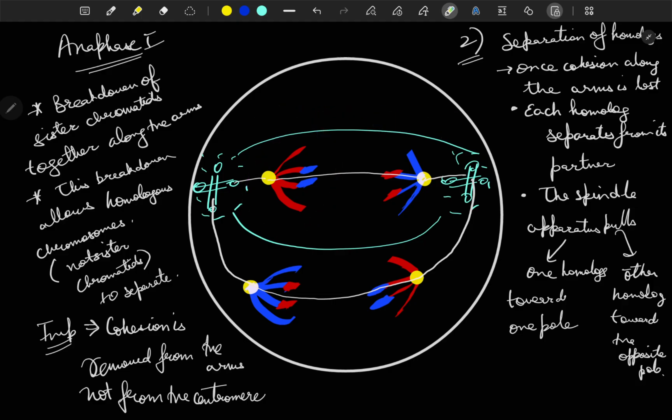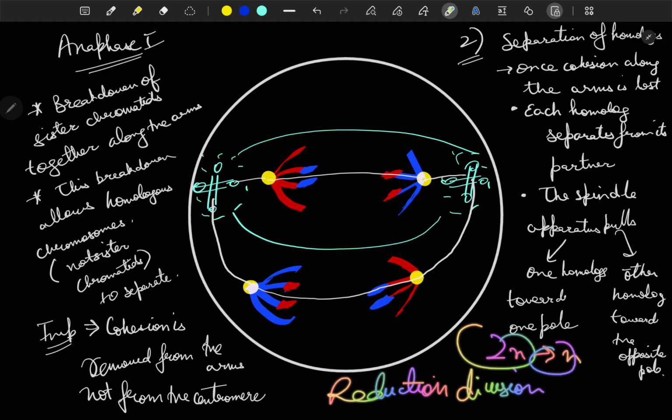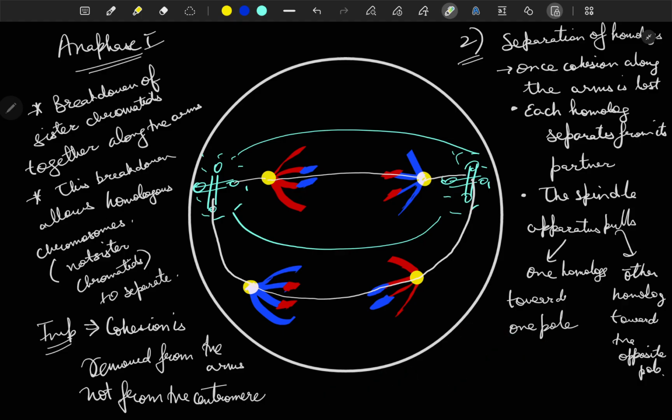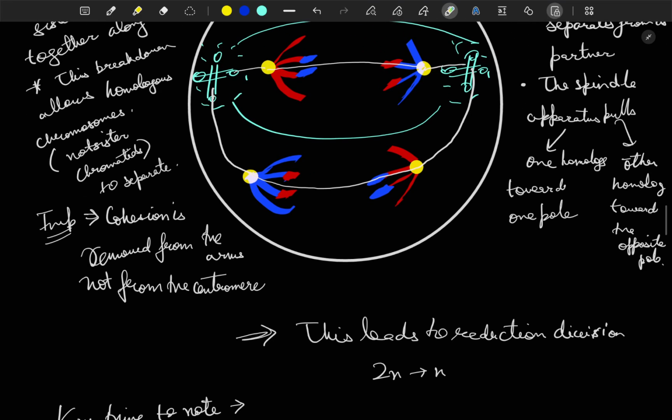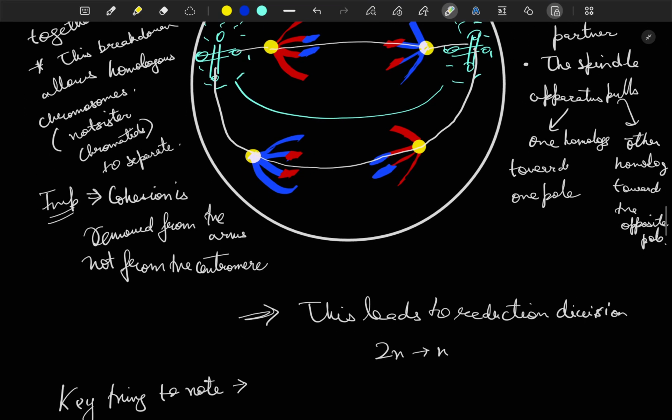This causes reduction division, 2n to n, diploid to haploid. But you can also see the key thing that sister chromatid cohesion remains at the centromere, so sister chromatids do not get separated. They move together as one unit toward the same pole, which is a key thing, and it is different from mitosis.